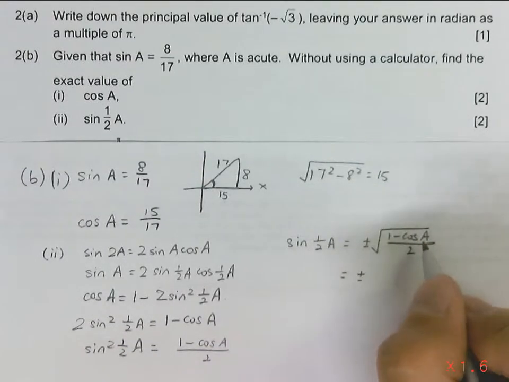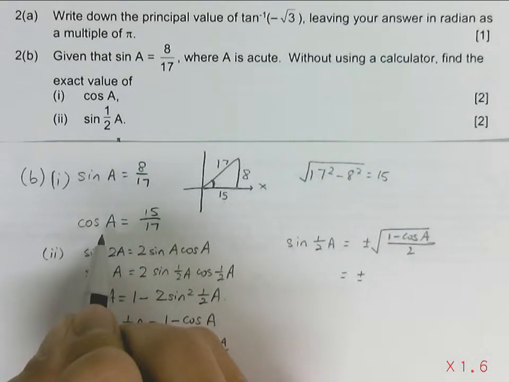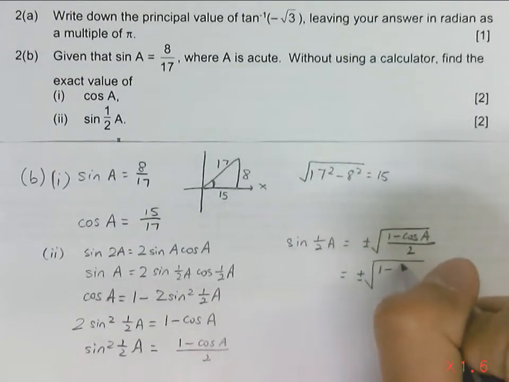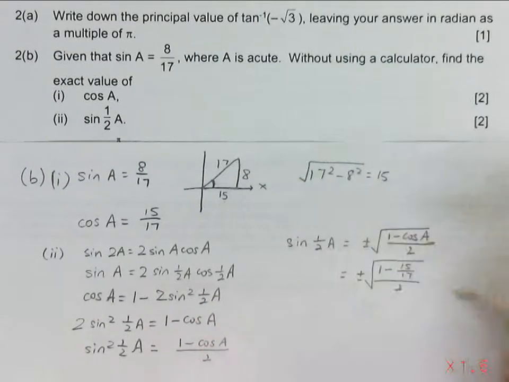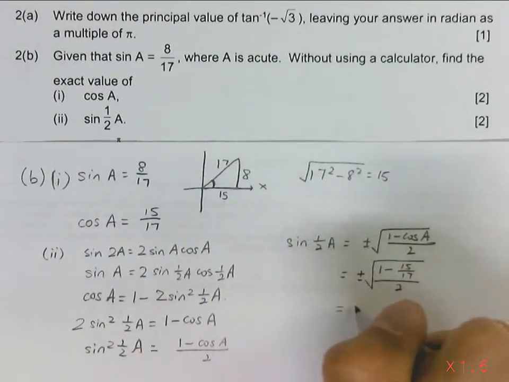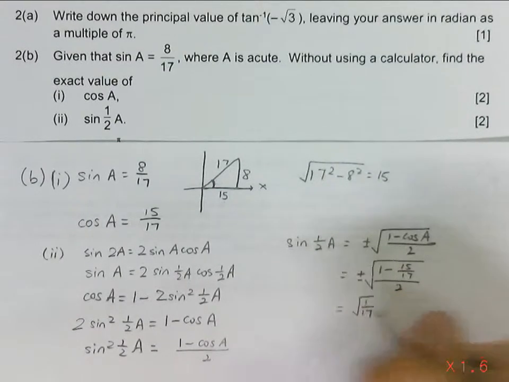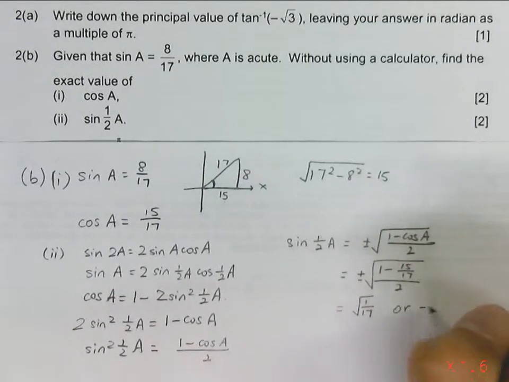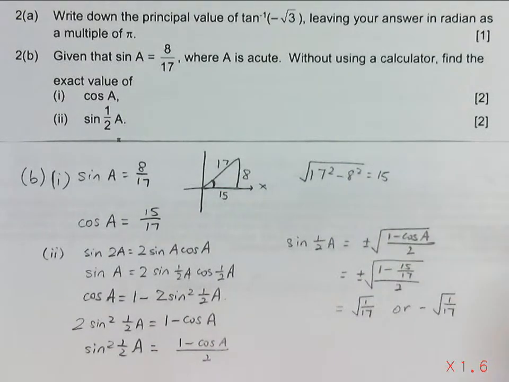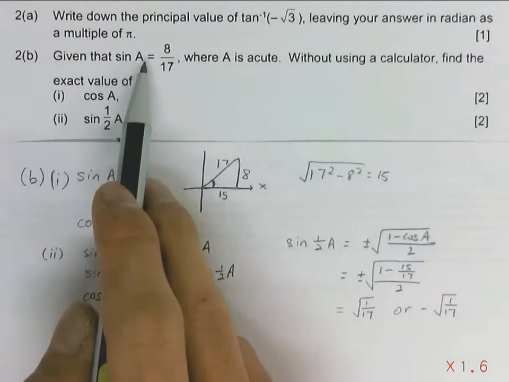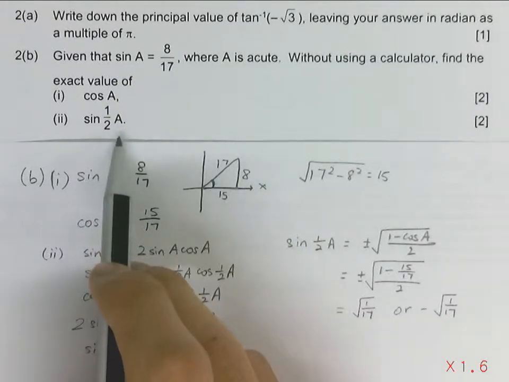So substituting the ratio of cosine A, which we got from part 1, 15 over 17, we'll get 1 minus 15 over 17, over 2, which leaves us two answers: the positive square root of 1 over 17 or the negative square root of 1 over 17. Now as we can see, half A is an angle smaller than A, and since A is already acute, half A must be acute as well.